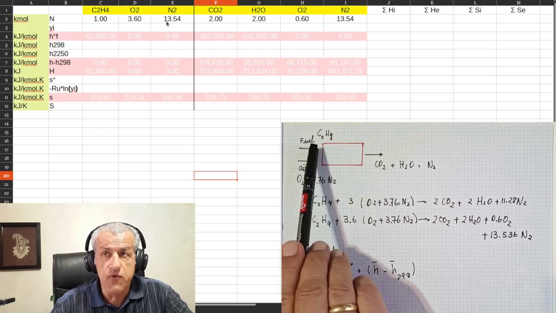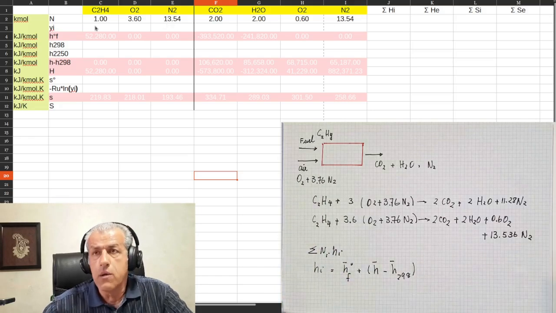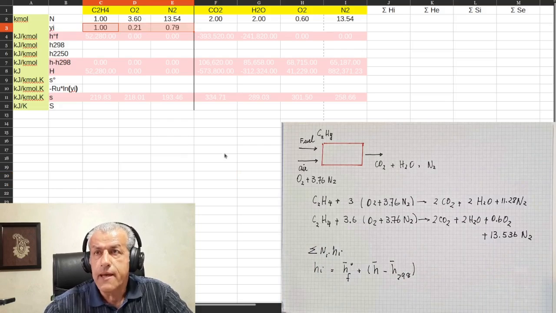So as for fuel, N equals 1, and Yi would also be 1, as you see, but O2 and N2 enter together, and therefore their molar fraction would be 0.21, which coincides with the same ratio. I mean, these two are added together, and each number of moles is divided by the sum, and so this one would be 0.21, and this one would be 0.79.